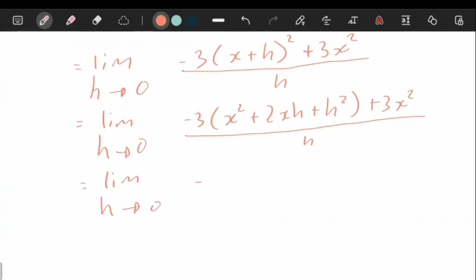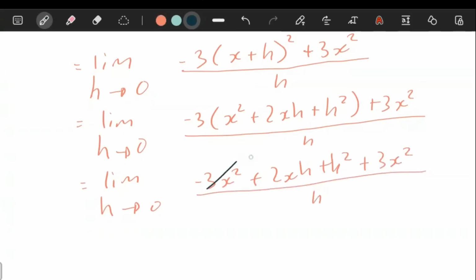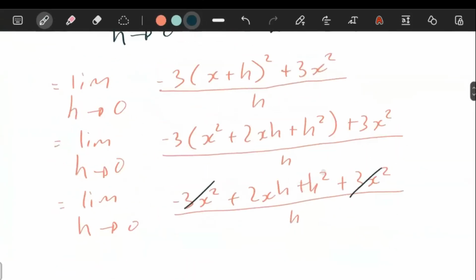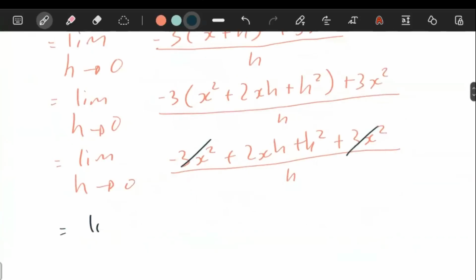If you multiply inside, you're going to have negative 3x squared plus 2xh plus h squared plus 3x squared, the whole thing over h. Now, everything that is here needs to be cancelled by something here, otherwise we'd have done something wrong. So the whole part where we're cancelling this and this, you always need to see that for every question that asks for first principles.